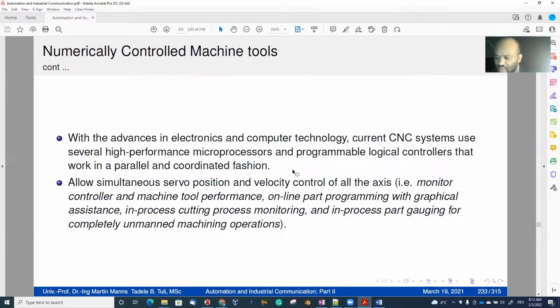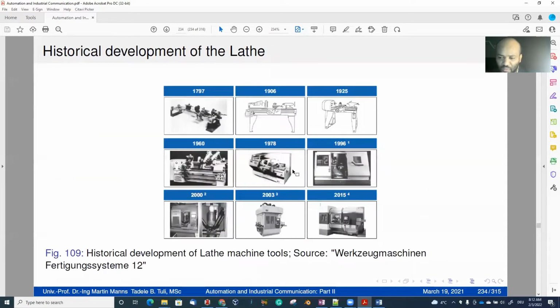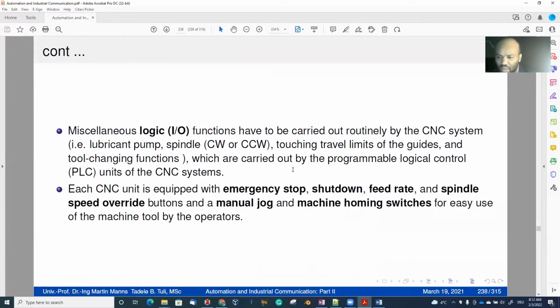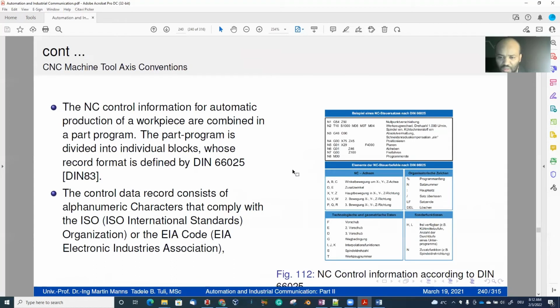They follow the standard given by DIN 66025 or the ISO equivalent, which is generated by the International Standards Organization and the Electronic Industries Association, EIA. These organizations are responsible for this type of code generation.